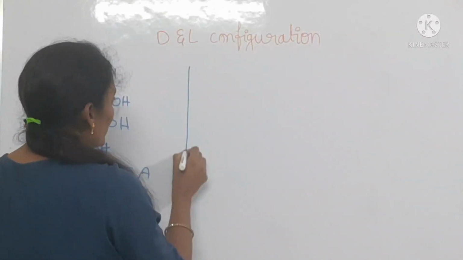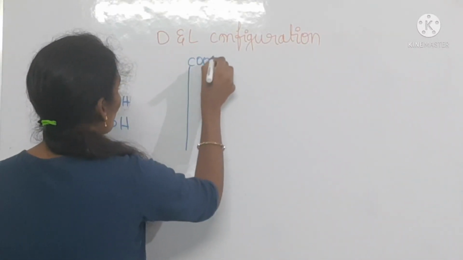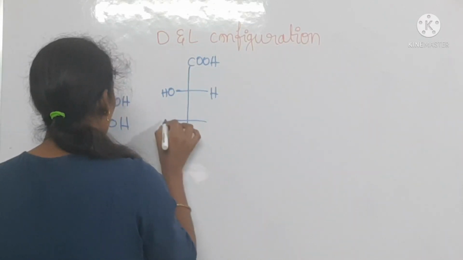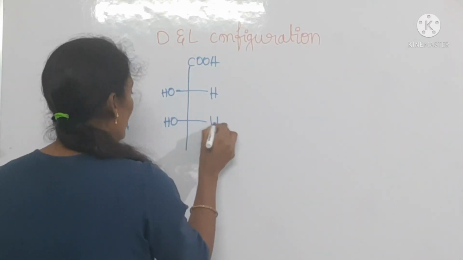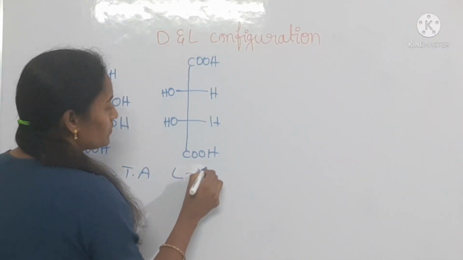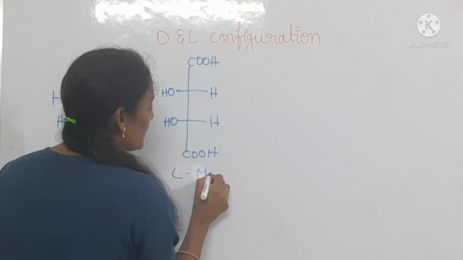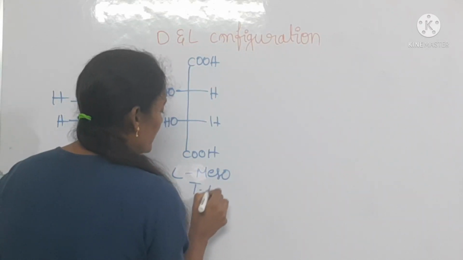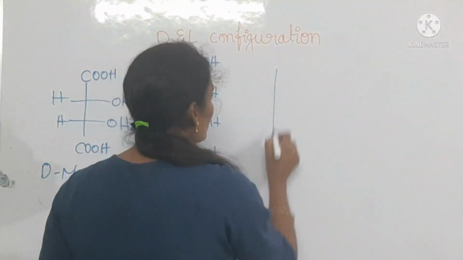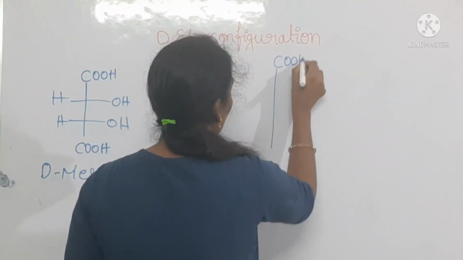If you rotate the complete molecule by 180 degrees, you will get a homomer of this molecule that will have L configuration. That means L-mesotartaric acid.